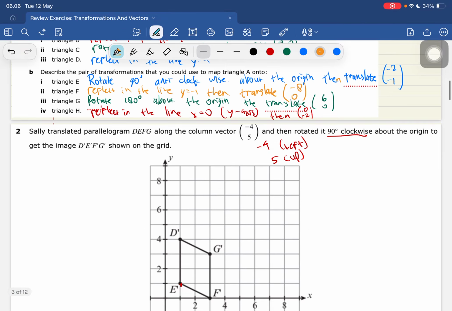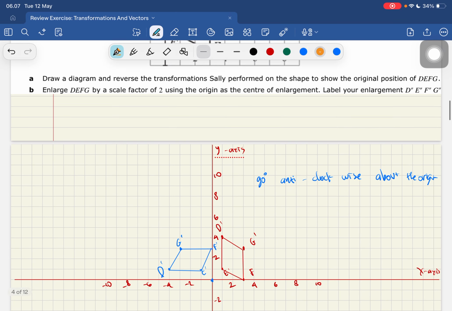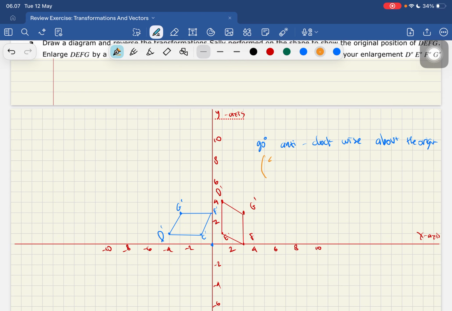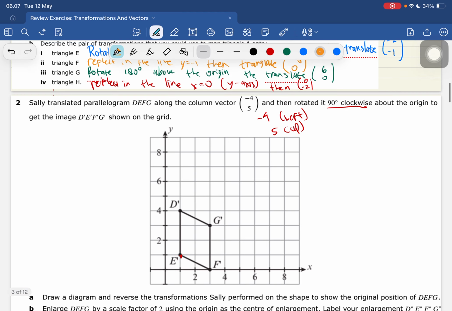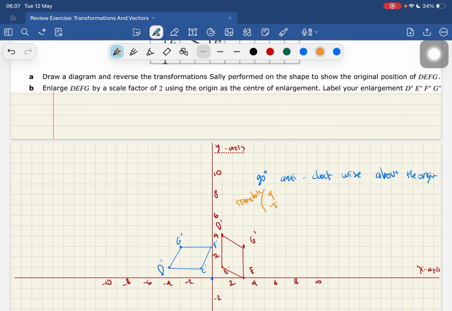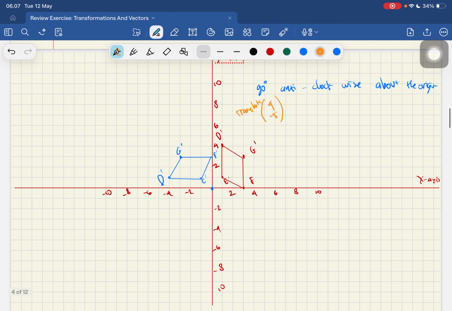Then we reverse the translation: from -4 to 4, and from 5 to -5. Okay, 4 to the left, we can count 1, 2, 3, 4, and then 5 down. 1, 2, 3, 4, and 5. Okay, so we can just draw it.